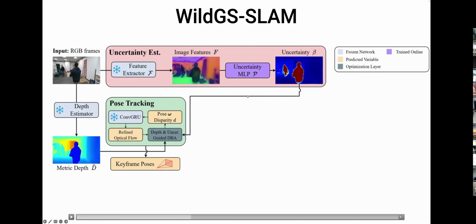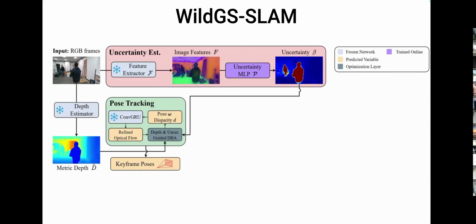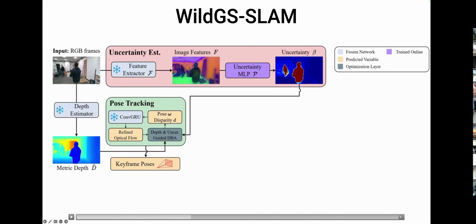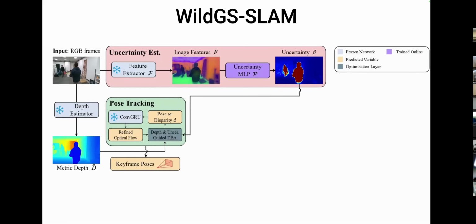But what we do is modify WildGS-SLAM by incorporating this predicted uncertainty map, and at the same time we use a depth estimator to produce the metric depth. We use the metric depth and uncertainty to guide the dense bundle adjustment here. And yeah, so basically you can use these to really enable accurate camera poses.